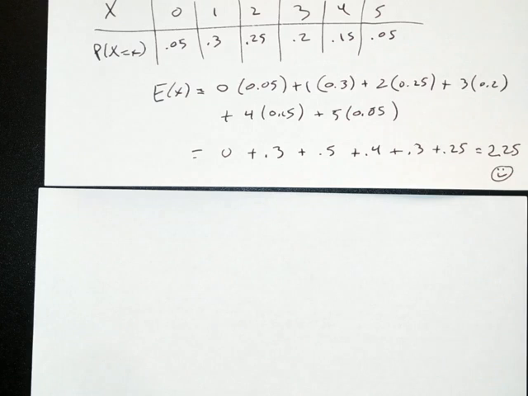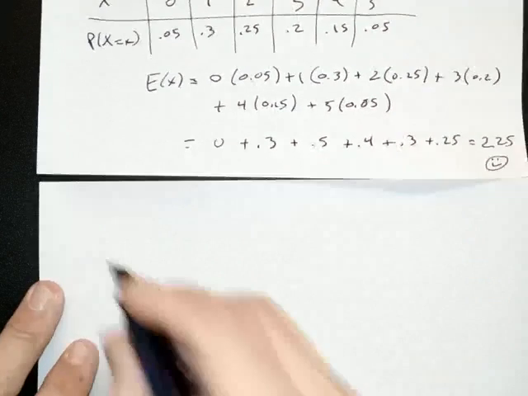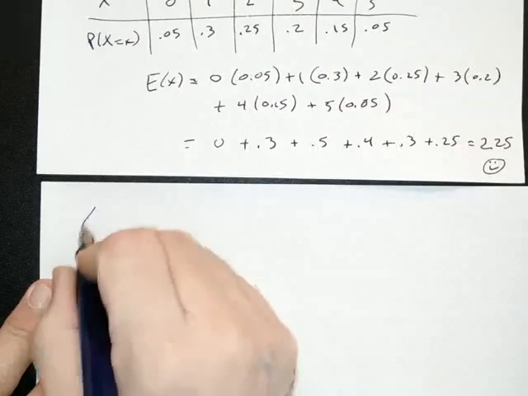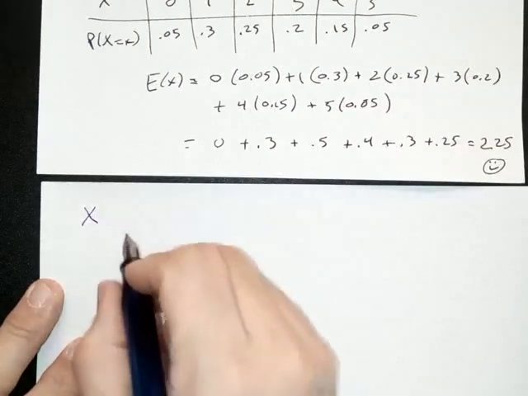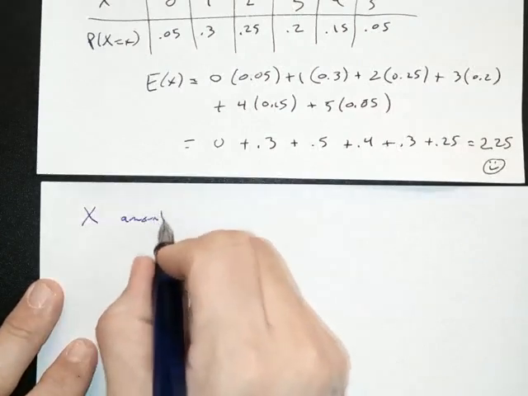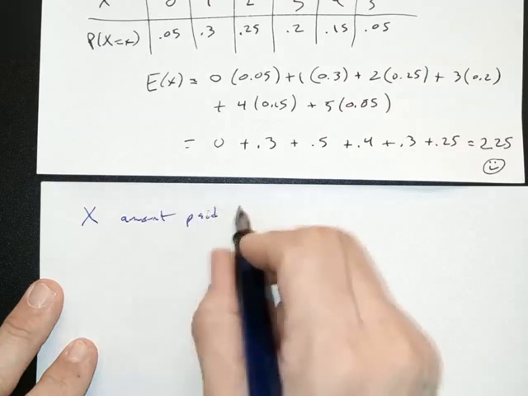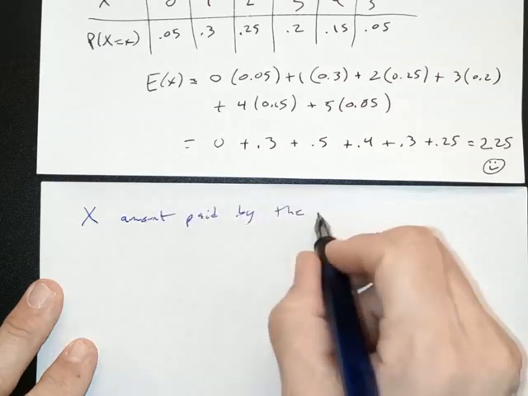I'm going to assume you have really good insurance and you pay whatever it is you pay. They pay you $50,000 for your car. So let's let our random variable be the amount paid by the insurance company.